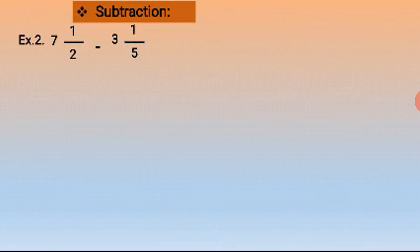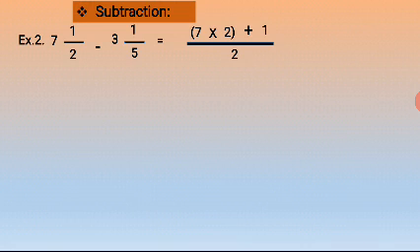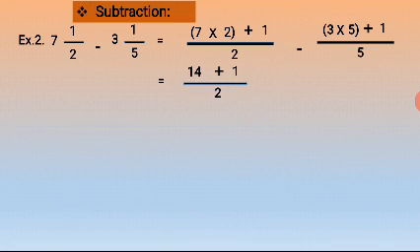7 and 1 upon 2 minus 3 and 1 upon 5. Each fraction in this example is a mixed fraction. We convert each into an improper fraction, that is, 7 into 2 plus 1 upon 2, minus 3 into 5 plus 1 upon 5. Now we calculate the operations of the numerators of each fraction, that is, 14 plus 1 upon 2 minus 15 plus 1 upon 5.